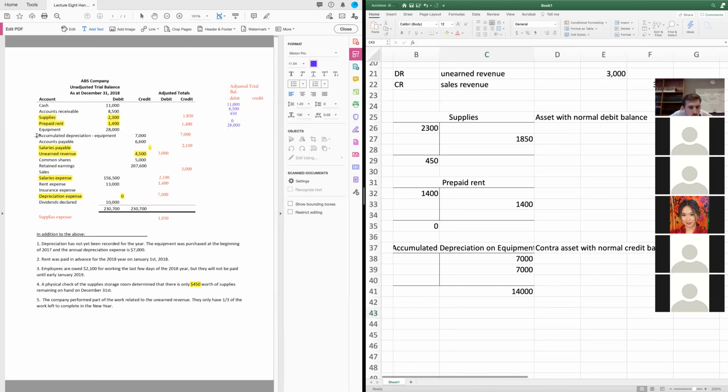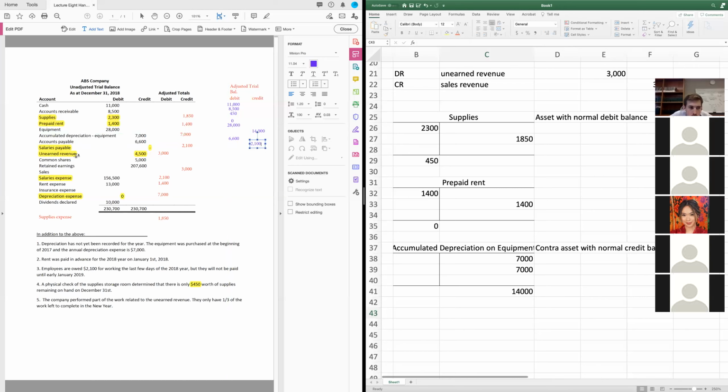How about my equipment accumulated depreciation account? 14,000. So should I put it here or here? Debit or credit? Credit. And then let's move on. Accounts payable would be the same, right? No adjustment. And my salary payable would be 2,100.